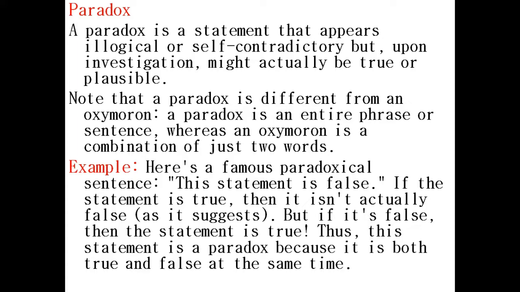If the statement is true, then it isn't actually false, as it suggests. But if it's false, then the statement is true. Thus, this statement is a paradox because it is both true and false at the same time. It's related to logic, but actually it means when someone says this statement is false, he would mean either the opposite of what he is saying.